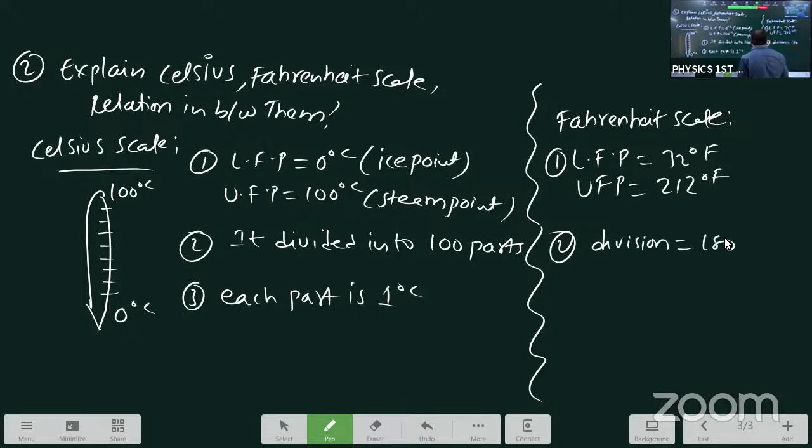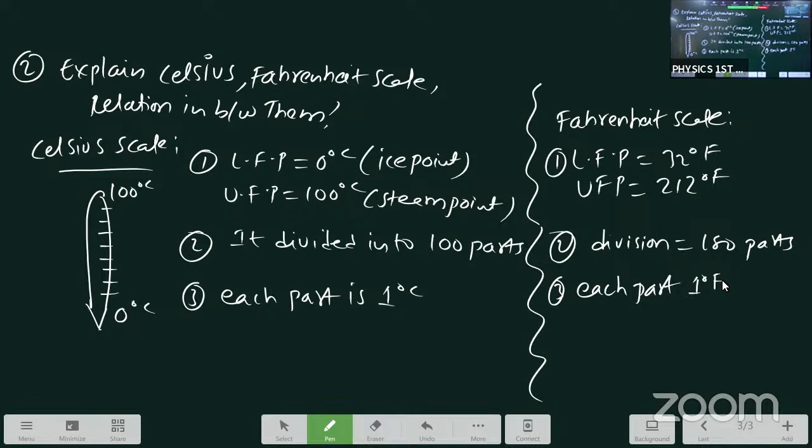It is divided into 180 parts. Each part is 1 degree Fahrenheit. Finally, to explain the Celsius and Fahrenheit scales, the Celsius scale has 3 points, the Fahrenheit scale has 3 points, and the relation takes 2 to 3 steps. We can get the answer.